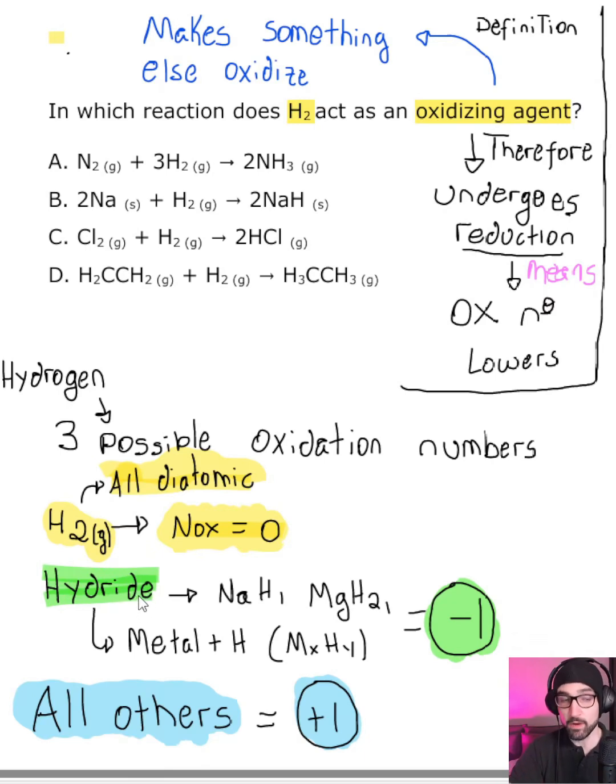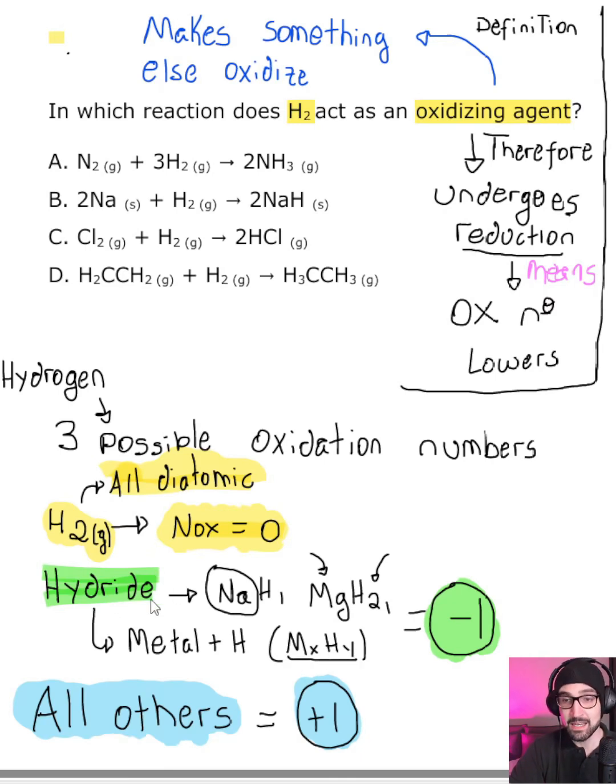Hydrides are a group of compounds that involve hydrogen, which consist of a metal plus hydrogen. So we see here sodium hydride, magnesium hydride, and of course they have their own little internal coefficients based on the charge, right? So you have a hydride, and a hydride only happens when you have a metal and a hydrogen with the following coefficients.